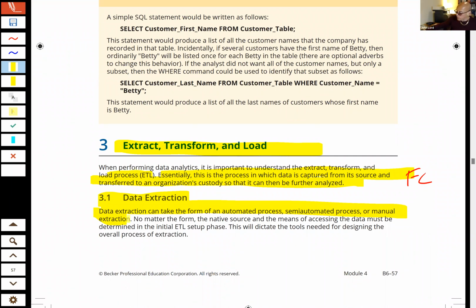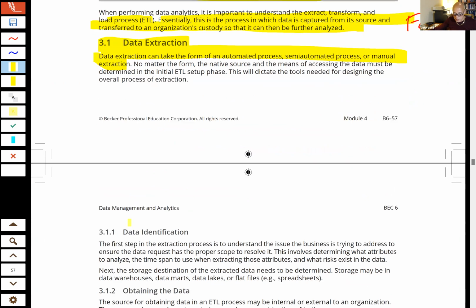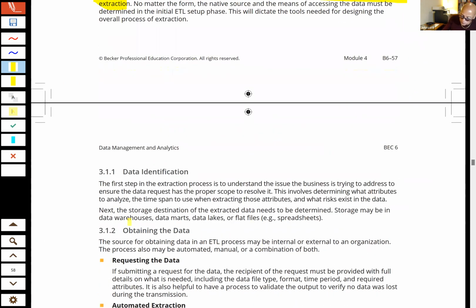So let's just go ahead and take a look, starting with data identification. The first step is to understand the issue the business is trying to address to ensure the data request has a proper scope to resolve it. You've got to know what is the best data that is going to answer the question.